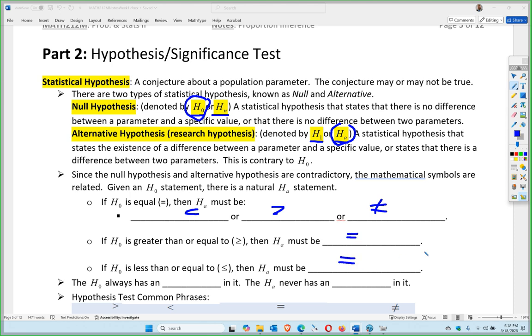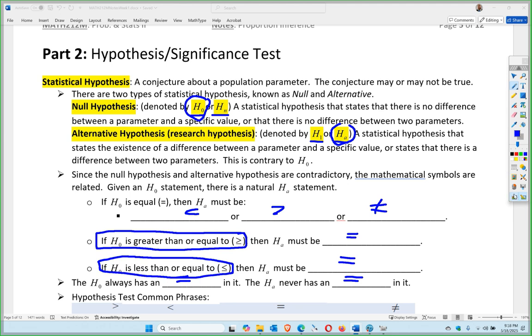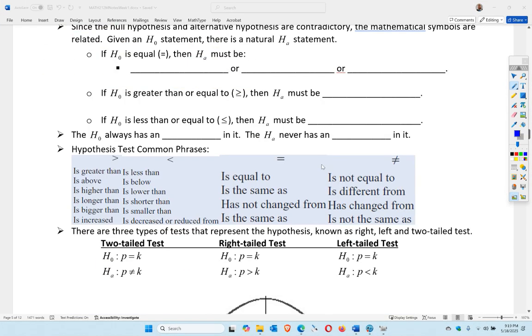The null hypothesis is always equal, and the alternative is never equal. So even though the statement made by the problem might say otherwise, you still write it as equal. These are some common phrases you might see.